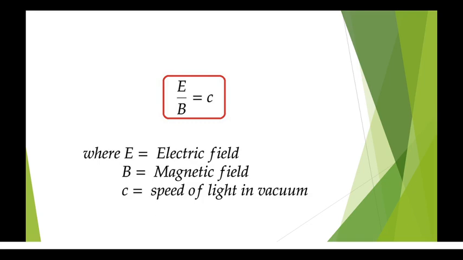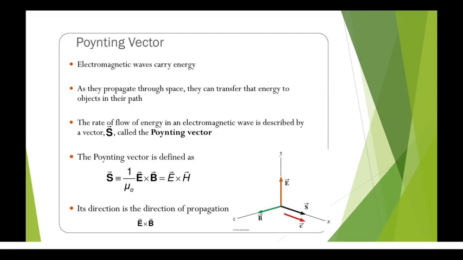Now we are going to have the derivation for the energy propagated by the electromagnetic waves. We know that the electromagnetic waves carry energy, and as they propagate through space, they can transfer that energy to the objects in their path.